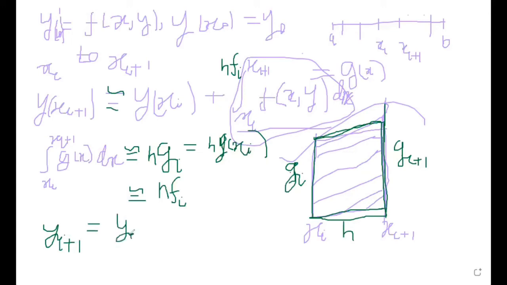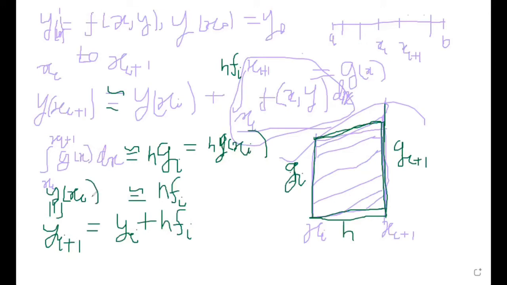So yi plus h fi, and this yi plus 1 or yi are the approximation to y at xi.